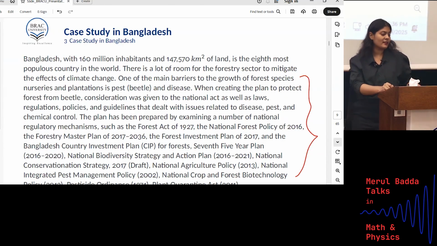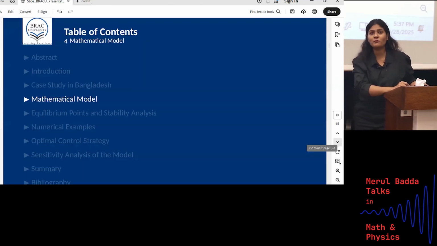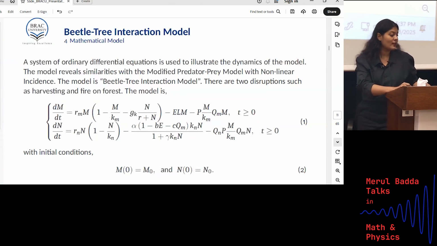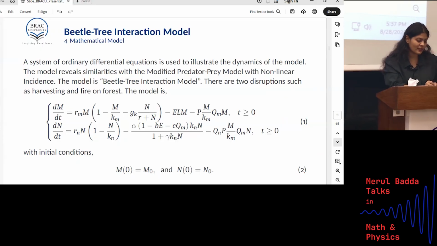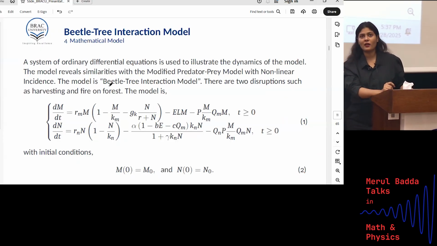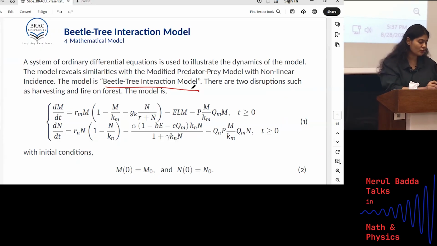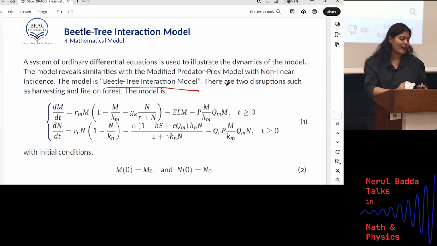Finally, we want to describe our main model, which is the beetle-tree interaction model. It is a system of ordinary differential equations inspired by the predator-prey model with nonlinear incidence, and this is called the beetle-tree interaction model. Again, there are two disruptions, which are harvesting and fire.